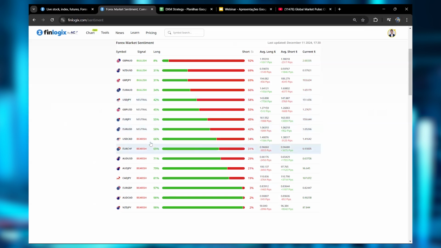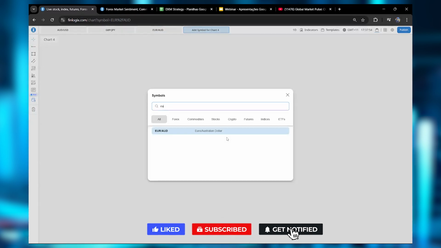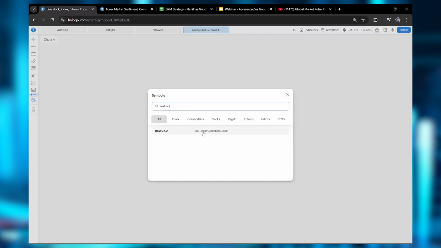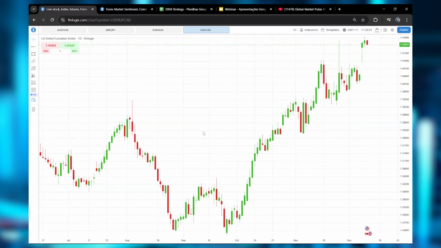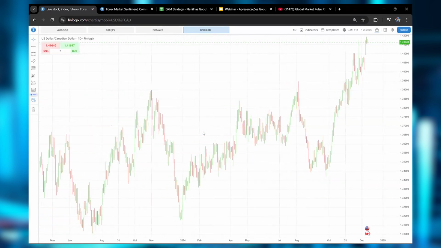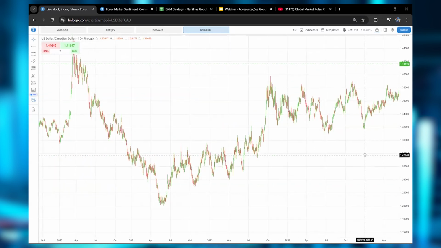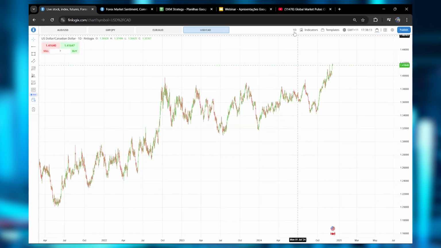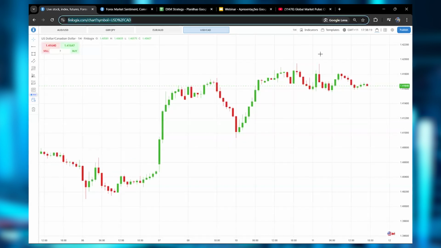And then we go all the way down to USD CAD bearish. Let's have a look. That's on a daily time frame, and it's already very much up.